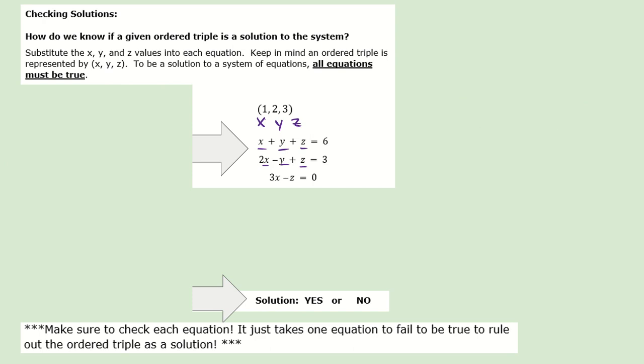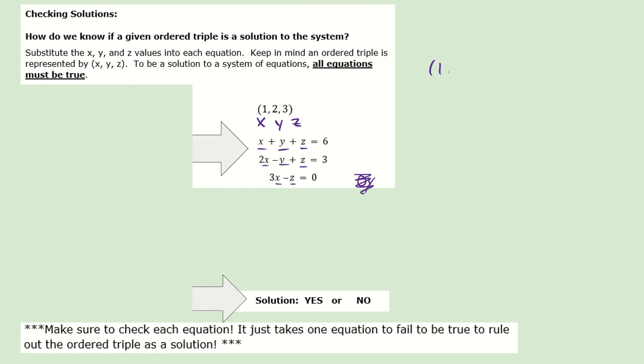Now notice the third equation only has two variables. This is okay. The y is technically still there, but it's written as 0y. So they just don't put it because 0y is 0 times a number, and that just means it becomes 0. So it disappears. So anytime you're missing a variable, the coefficient for that variable was probably 0, and that's why it's not there.